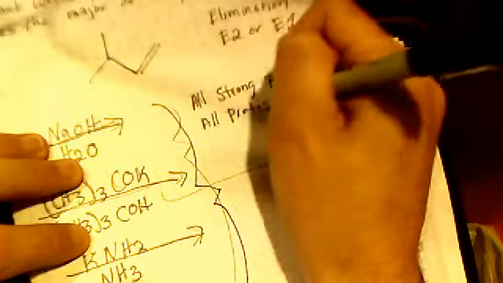The only one that's a little bit different than the rest is the potassium tert butoxide, because this base is the only bulky base, right? It looks something like this.